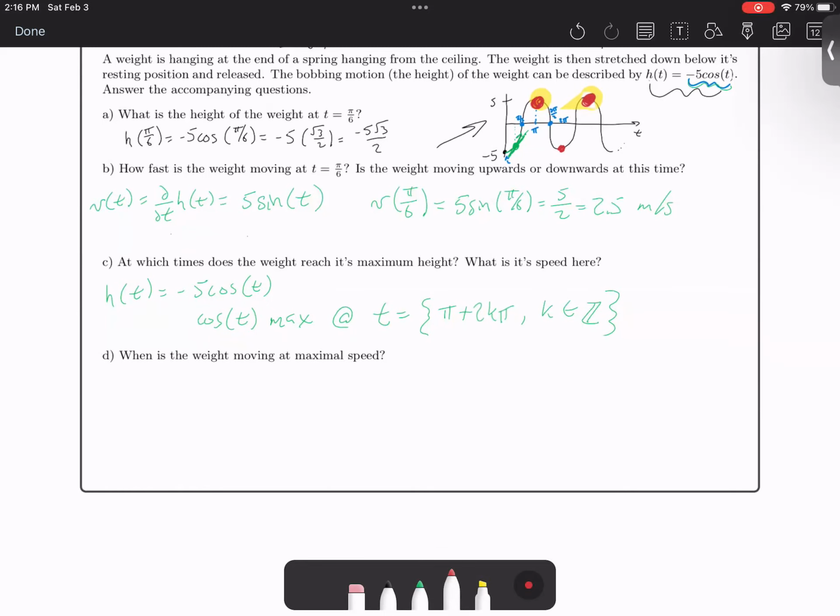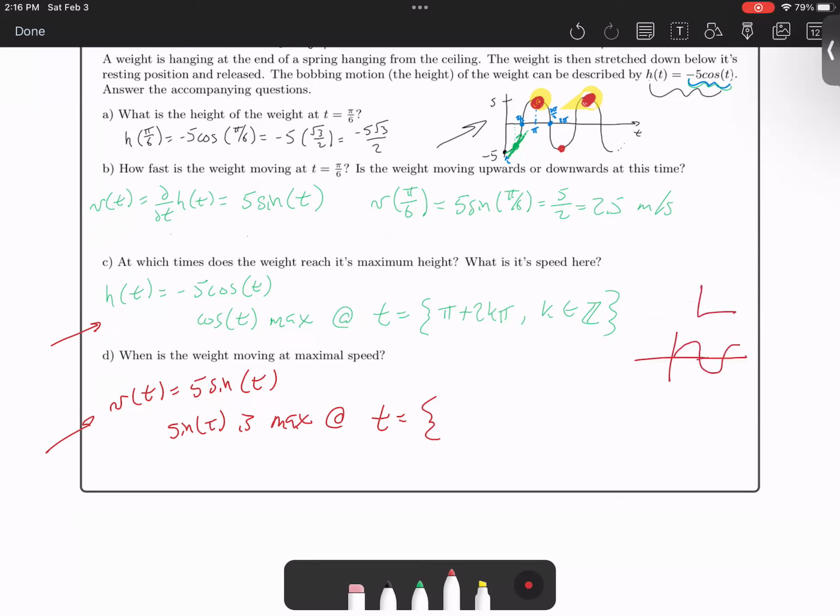All right, D, when is the weight moving at maximal speed? So this question concerns itself with the maximum of the height function. Now we're going to ask, what's the maximum of the velocity function? Now the velocity function was given to us by positive 5 sine of t. So this is maximal when sine of t is maximal. And this occurs at, so think about your sine curve.